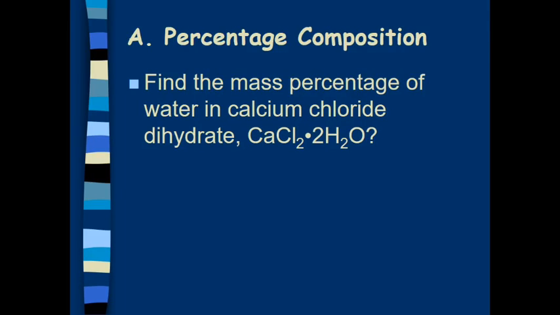In this example, it's also asking you to find percent composition again, but it specifically wants the percentage composition of water in this hydrated compound. So this might be the first time you've seen the formula for a hydrated compound. We've got our calcium chloride, and then that dot means that a unit of calcium chloride would be attached to 2 molecules of water to make up that particular substance.